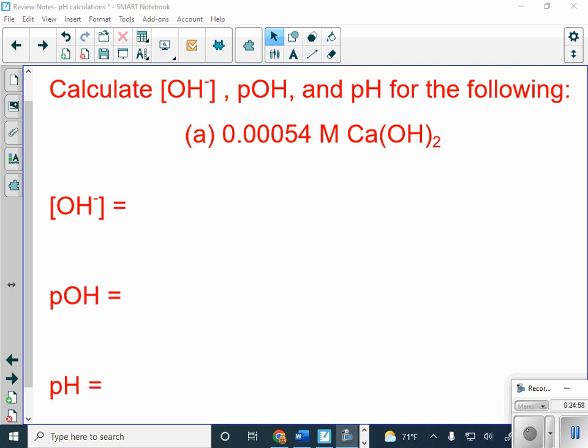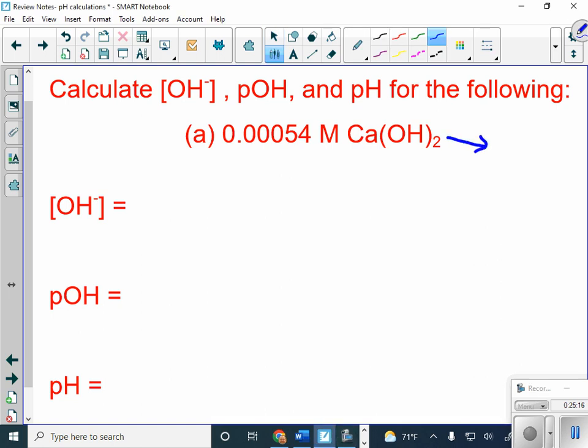Now I look at this and it gives me a molarity of calcium hydroxide: 0.00054 molar calcium hydroxide.